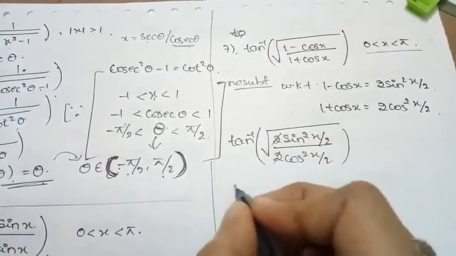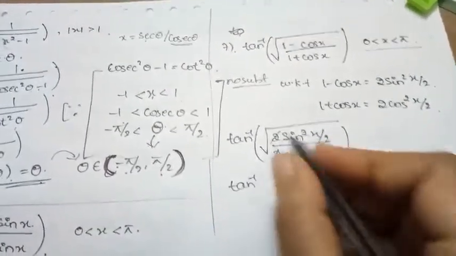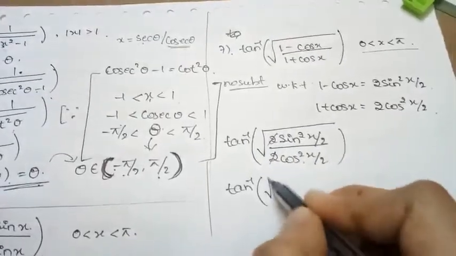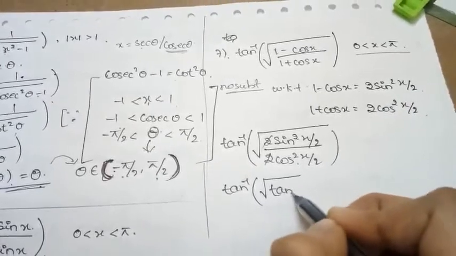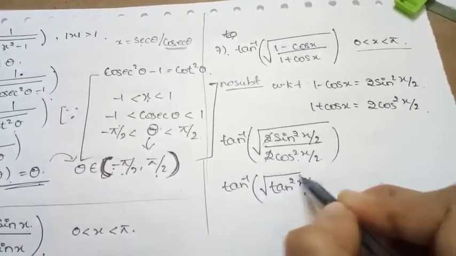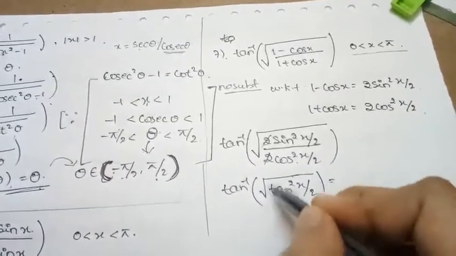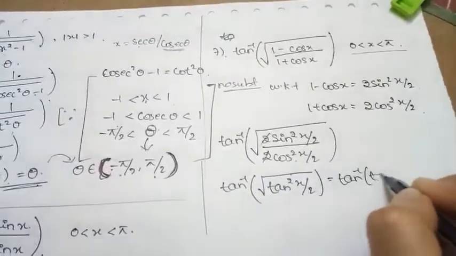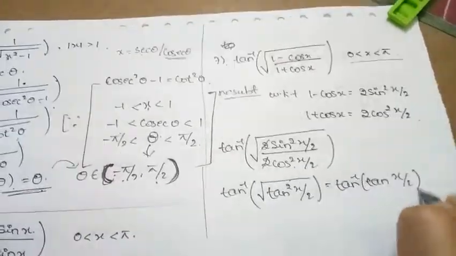Clearly the 2 cancels. So we get tan inverse of the square root of sin square x by 2 divided by cos square x by 2, which is nothing but the square root of tan square x by 2, which is nothing but tan inverse of tan x by 2.